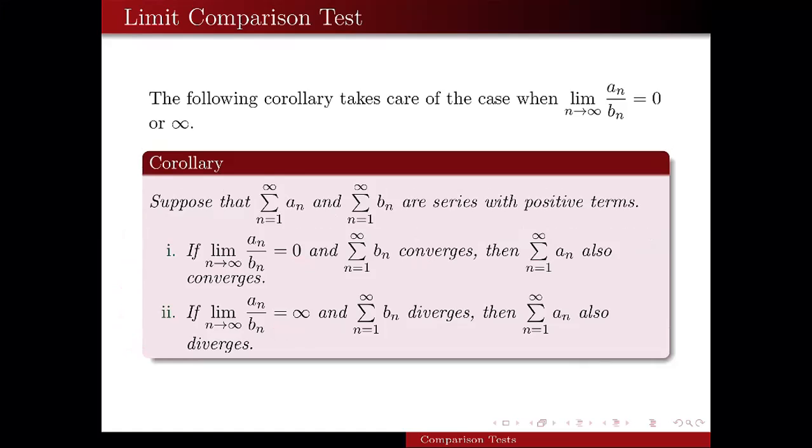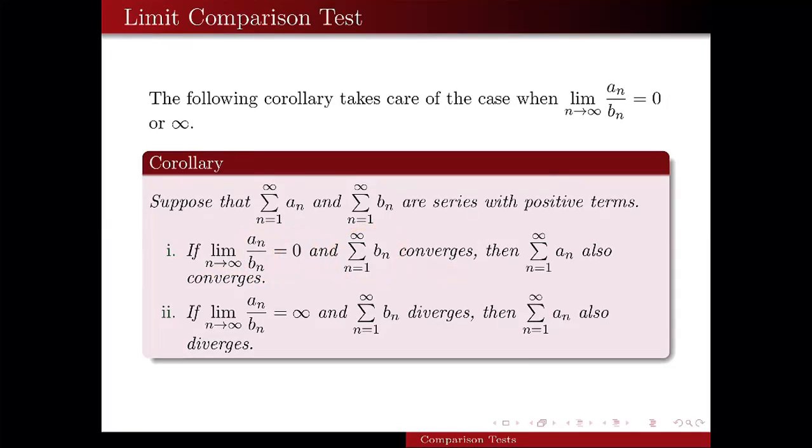Okay? So suppose you have the two series, series a_n and series b_n with positive terms. Suppose the limit of the ratio a_n over b_n as n approaches infinity equals 0, and the series for the denominator converges.